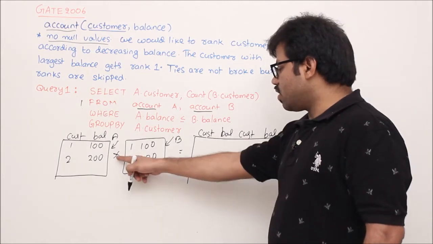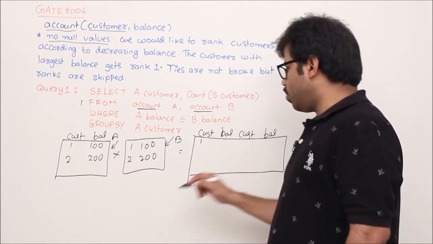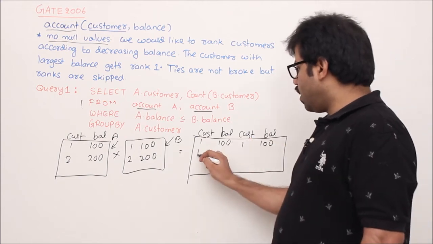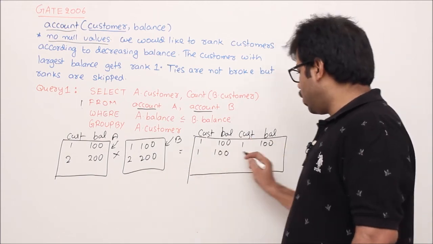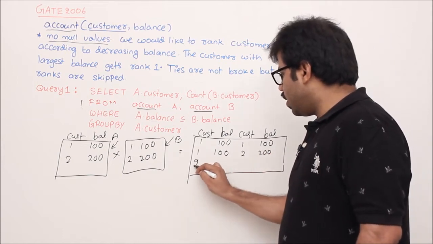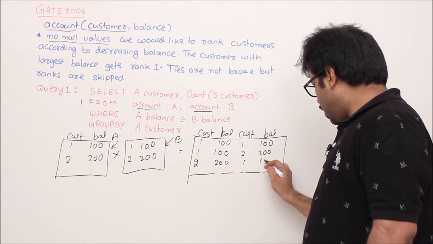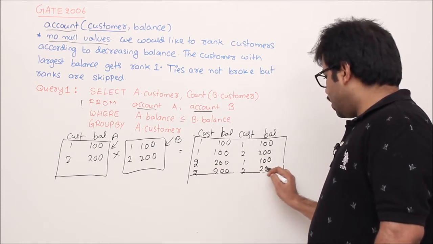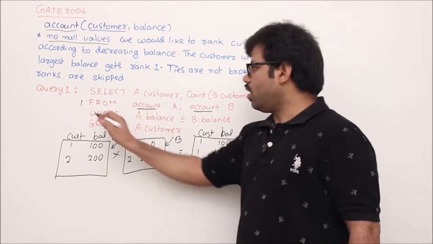Since it is a Cartesian product, we have to get 4 tuples. What are they? 100, 100. Then 100 is attached with 200. Then 200 is attached with 100. Then 200 is attached with 200. So this is done so far.